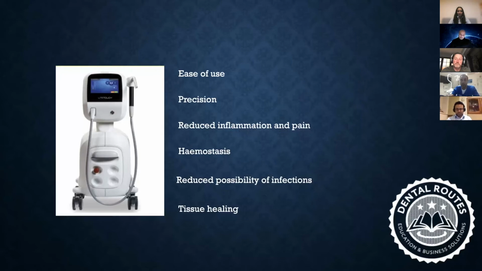I also notice reduced infections in patients after use of lasers. Use of lasers in photodynamic therapy results in inhibition of bacterial growth in the target sites and requires less or no antibiotic usage.